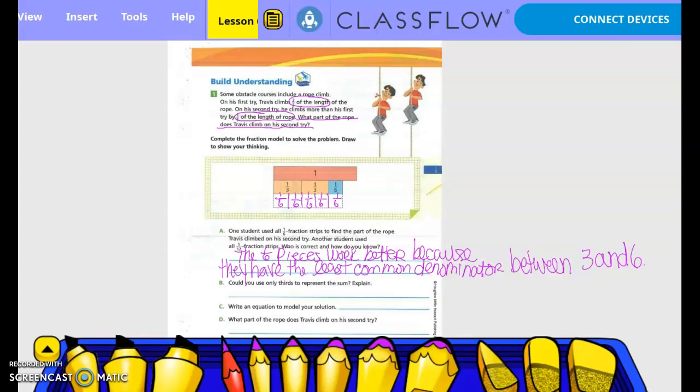So could you use only thirds to represent the sum? Explain. So could we use thirds?